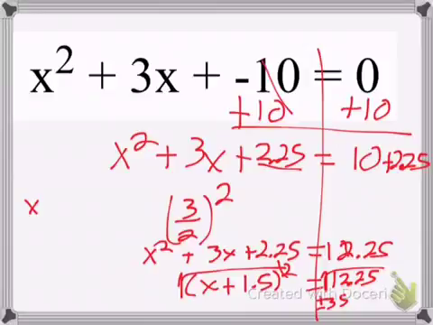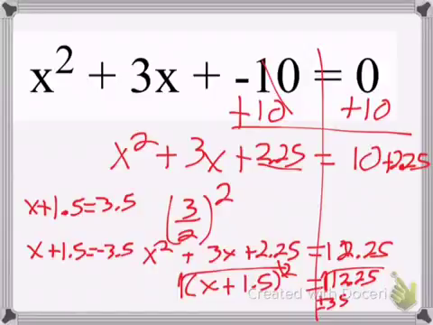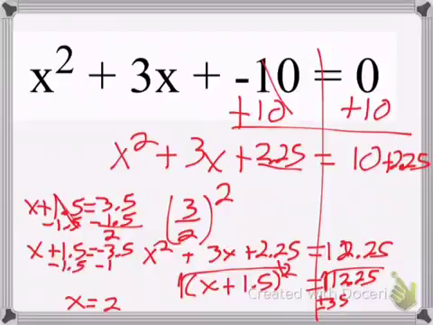We got x plus 1.5 equals 3.5, and x plus 1.5 equals negative 3.5. Minus 1.5 and minus 1.5. That's going to give me x equals 2, and minus 1.5 is going to give me negative 5.